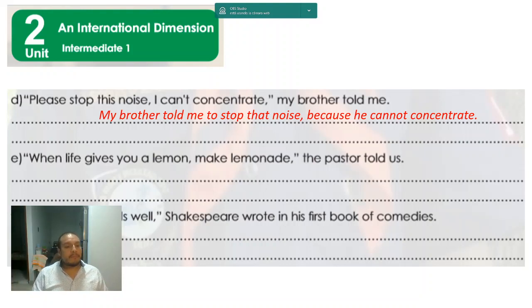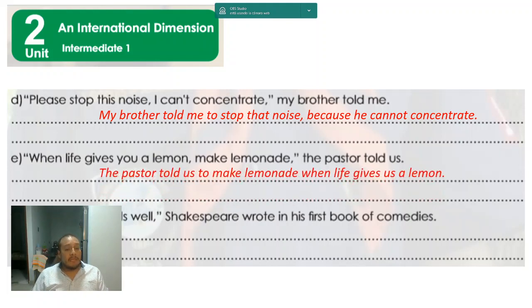Letter E. When life gives you a lemon, make lemonade. The pastor told us. What would be the solution, students? The pastor told us to make lemonade when life gives us lemons, right?